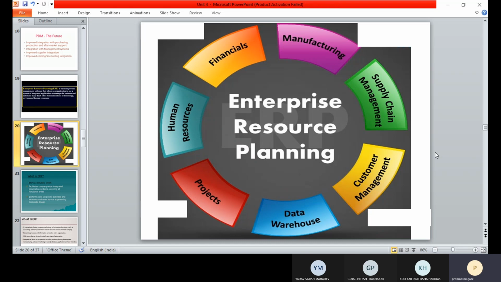In that the various branches are there, as like you can see. जसं सतीश सरांनी सांगितलं टाइम ऑफिसचा विषय, तर तो फायनान्शियल मध्ये येतो. मॅन्युफॅक्चरिंग असेल, सप्लाय चेन मॅनेजमेंट मध्ये असेल, कस्टमर मॅनेजमेंट असतील, डेटा वेअरहाऊस, प्रोजेक्ट्स आणि ह्युमन रिसोर्स, या सगळ्या ॲट अ टाइम वर्क होतात ड्यू टू ERP, अँड वी कॅन गेट द डेटा इझिली. म्हणजे त्याची एक CC कॉपी आपल्याकडे राहते. सो दॅट इज द बेसिक रोल इन केस ऑफ द ERP. So just draw this block diagram for your understanding purpose for the ERP.